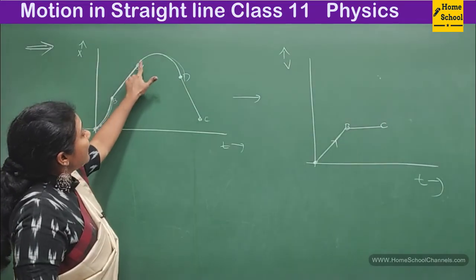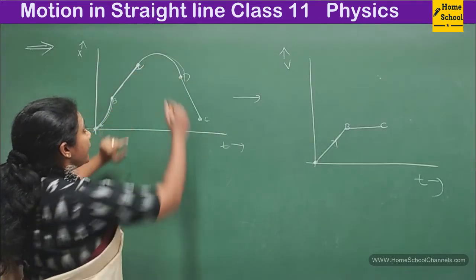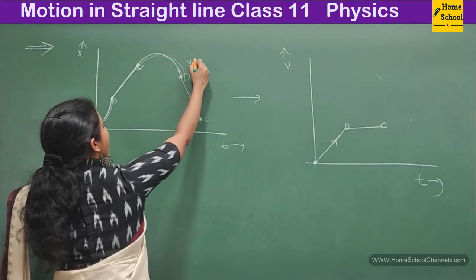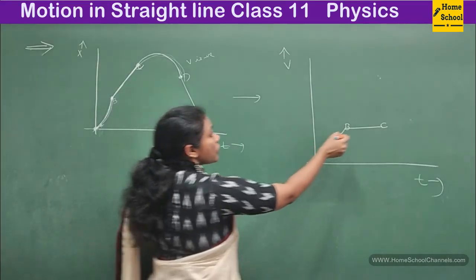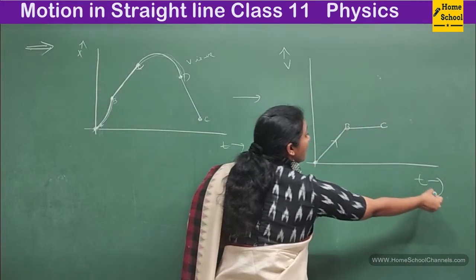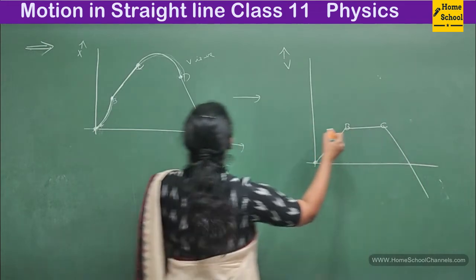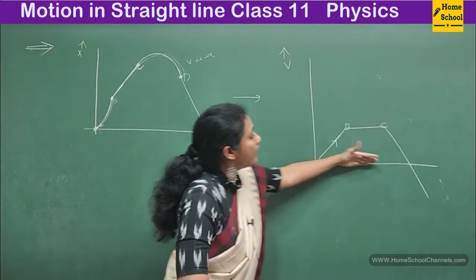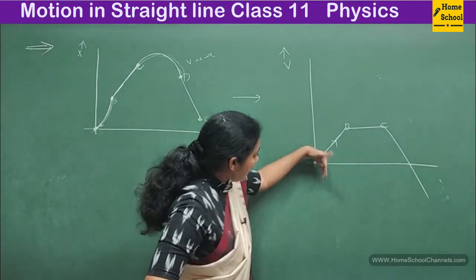And remember, decreasing velocity means it must be decreasing, and it must cross the t-axis because velocity becomes negative. When can your velocity be negative? When it comes below the t-axis, right?